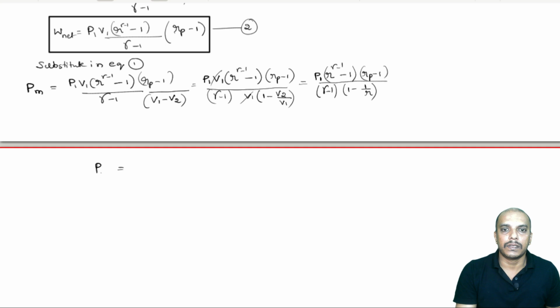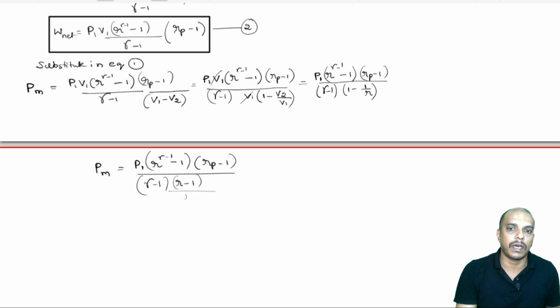Now we'll simplify it further. P1 R power gamma minus 1 into RP minus 1, where RP is the pressure ratio, divided by gamma minus 1. Now 1 minus 1 by R can be written as R minus 1 divided by R, and this R will go to the top numerator.